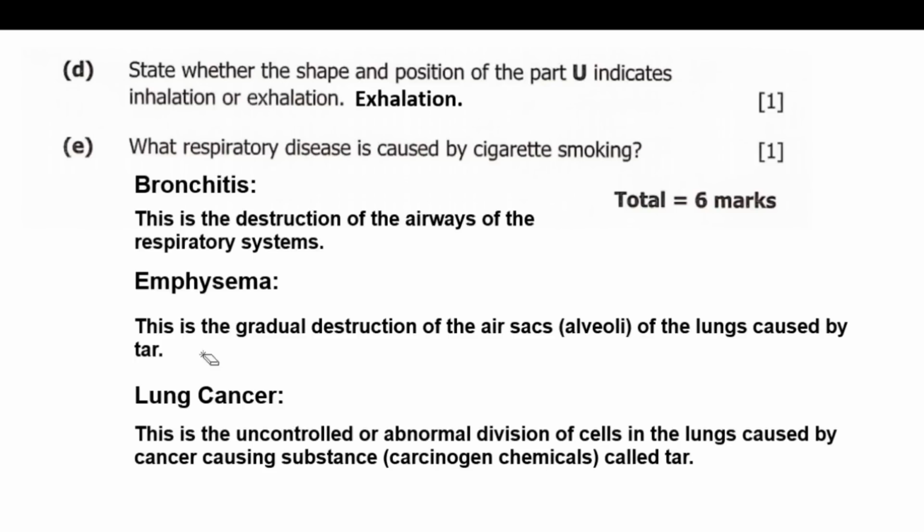This tar is carcinogenic, which means it produces substances that cause cancer. So these are some of the respiratory diseases caused by cigarette smoking.